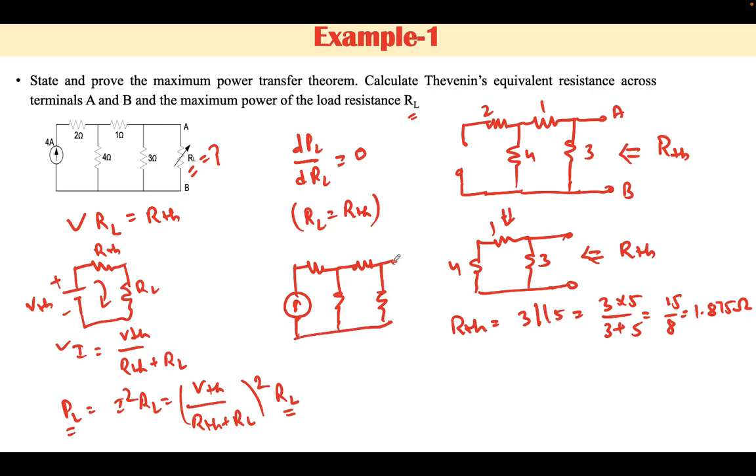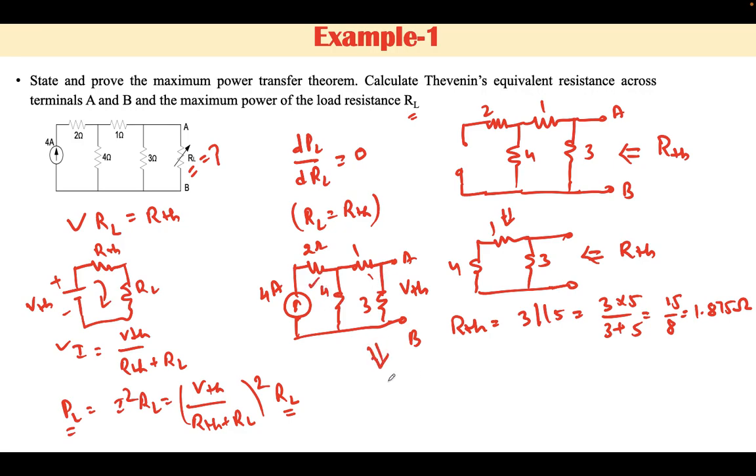The voltage across AB is nothing but VTH. This is 3 ohm, this is 1 ohm, this is 4 ohm, this is 2 ohm, the current is 4 ampere. Now VTH depends upon this path. These two resistances are in series, and this series combination is in parallel with the 4 ohm resistance.